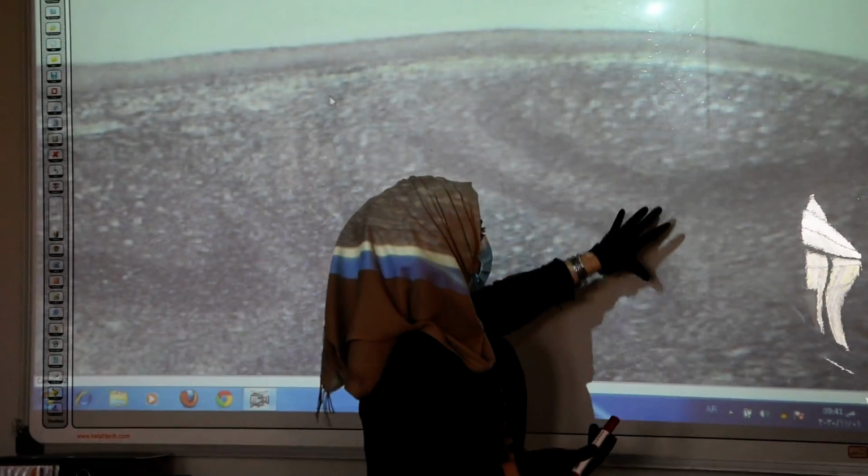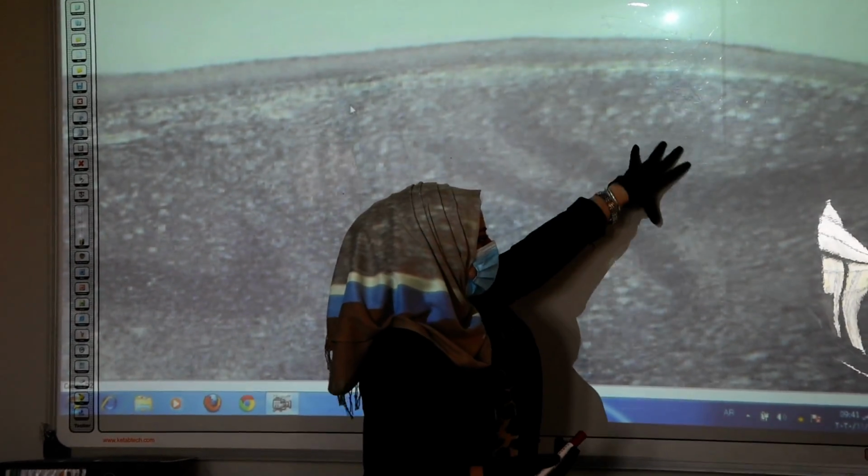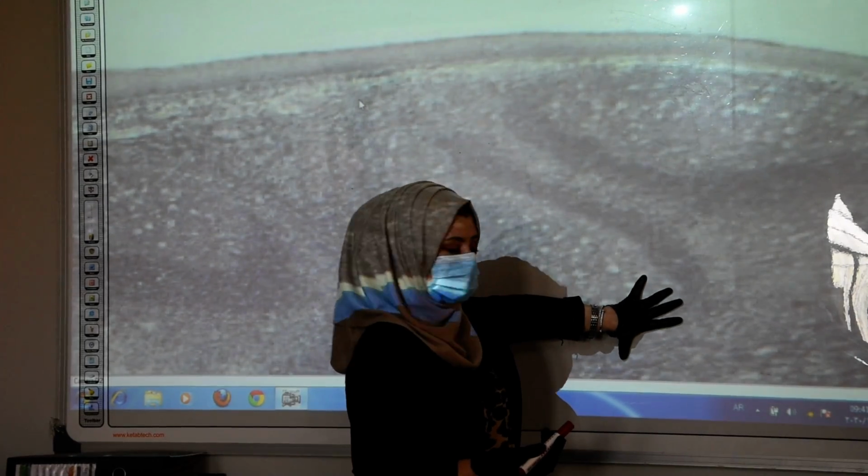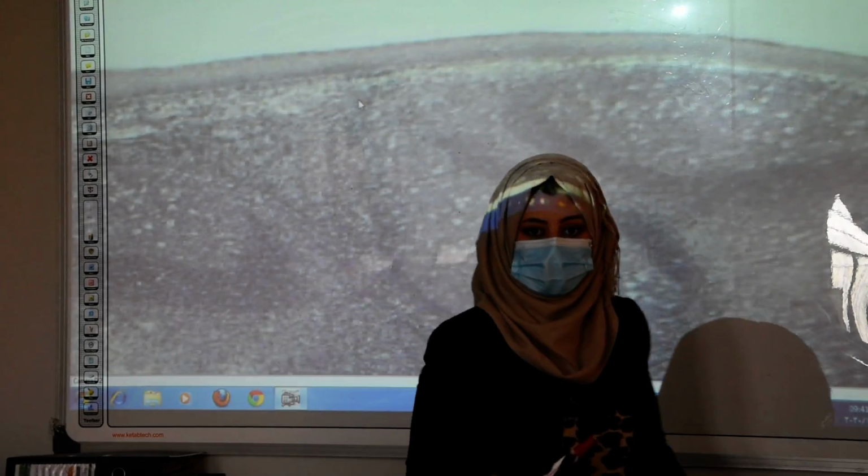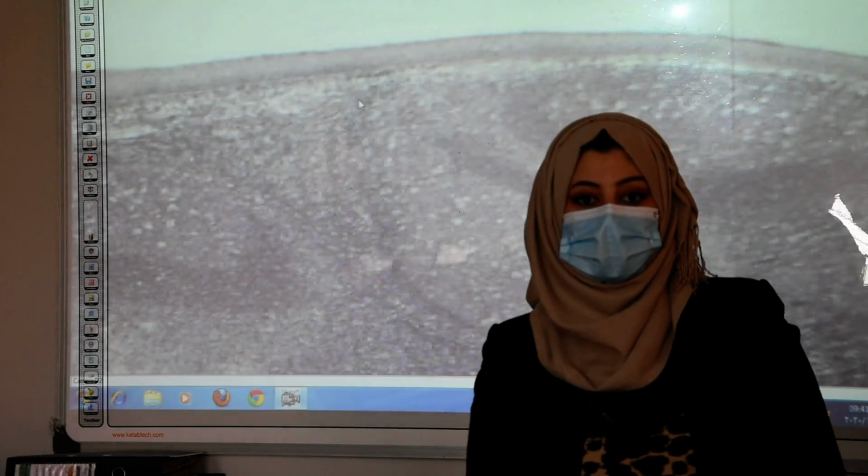These are the superficial aspect, and it makes an invagination toward the parenchyma of these tonsils, making a structure called a crypt.